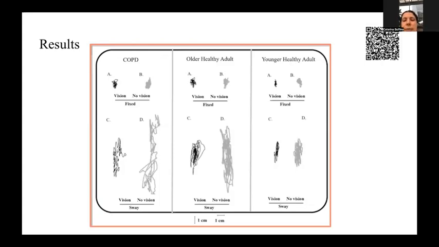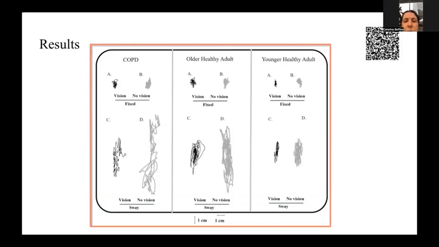Here you can see the raw data about the center of pressure in the 4 conditions evaluated. On the top, in the 3 groups, we have the conditions of fixed surface with vision and no vision. And in the bottom, we have the conditions of sway surface with vision and no vision.